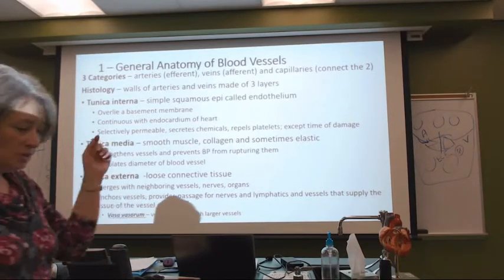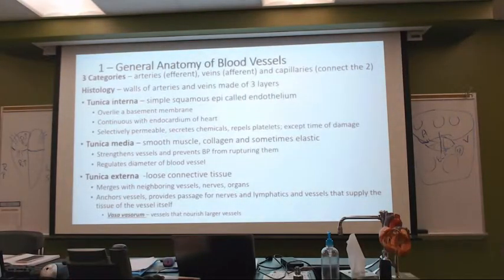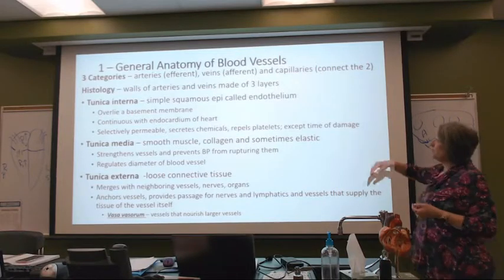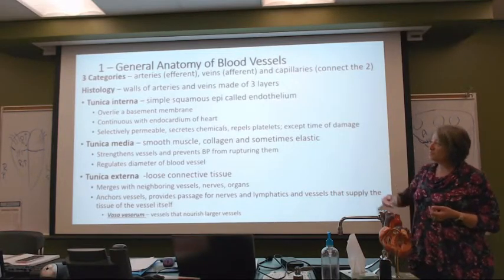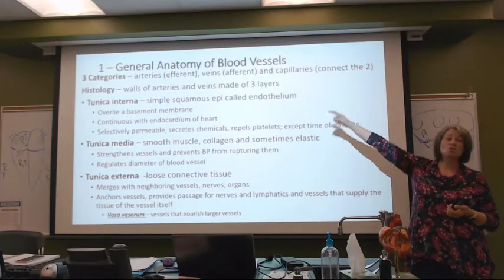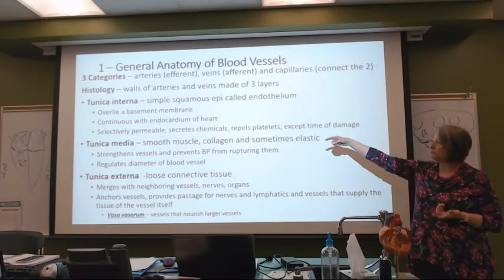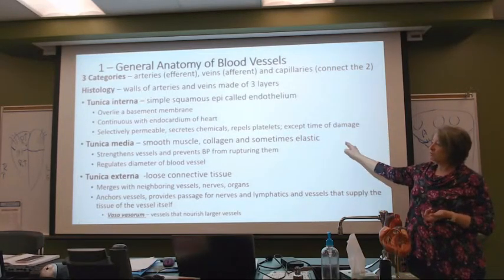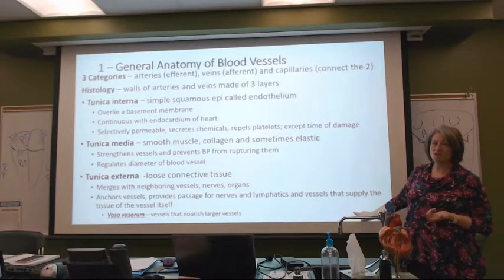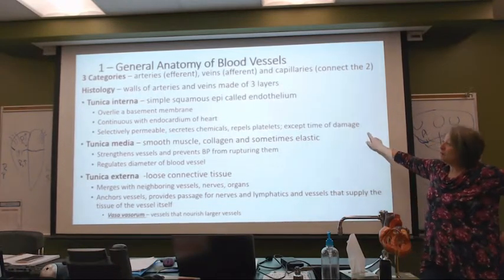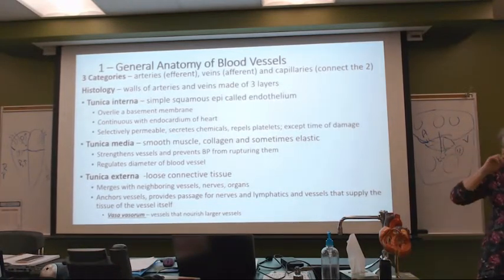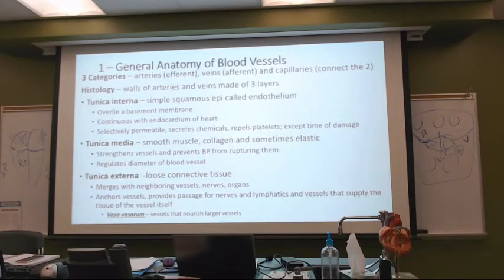When we talk, like I was showing in the picture, about their histology, they have the 3 layers. They're termed tunics, okay, tunica. One's internal, one's middle, one's external. The outer tunic, the inner tunic, simple squamous epithelium.